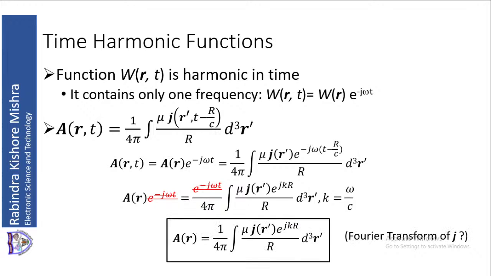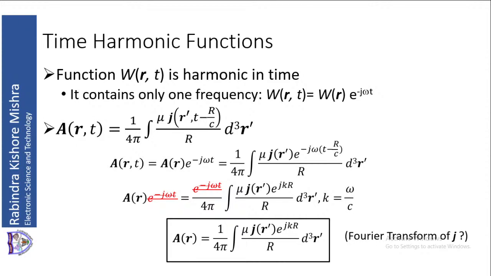They will cancel out, leaving the other terms. So that gives you A(r) is equal to 1 by 4 pi integration of mu J(r dash) exponential j k R by capital R. Capital R is equal to small r in case the origin is at the source, then capital R becomes small r. So that is what it is.